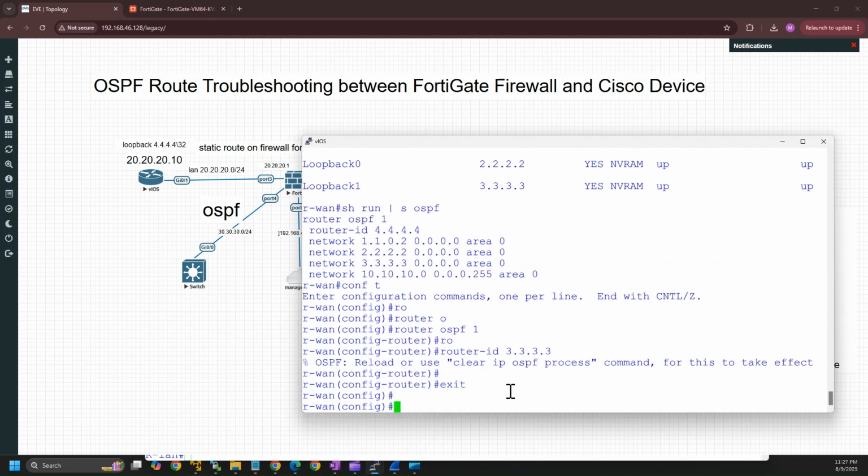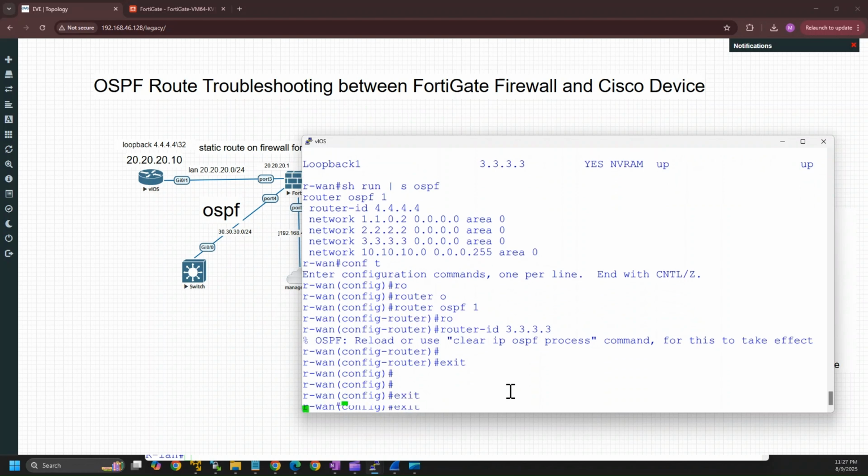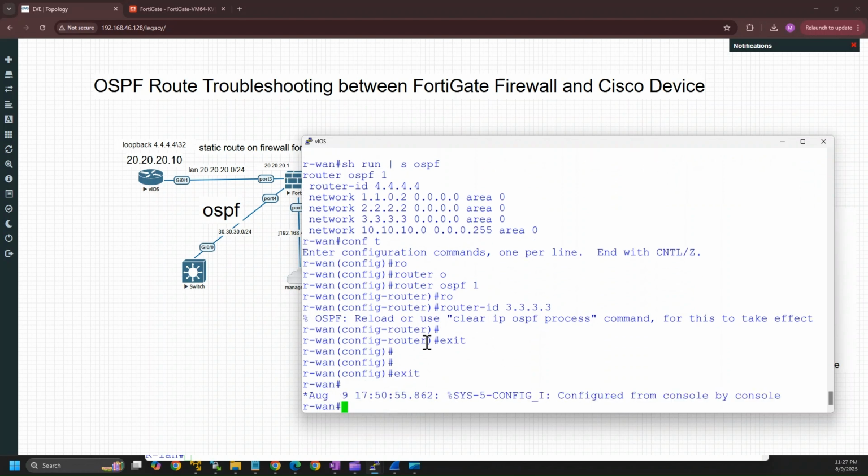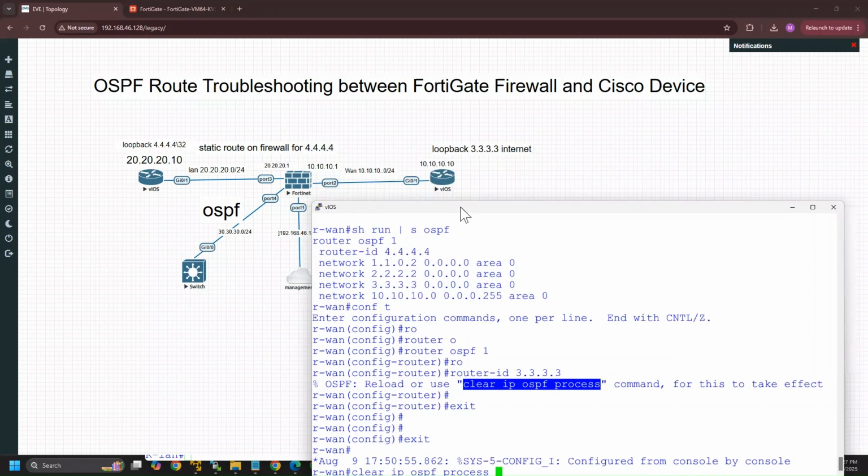If we change the router ID, it will not take effect until we clear the neighborship. Clearing it makes the neighbor go down and refreshes the router ID. When this was configured, it did not have the issue.